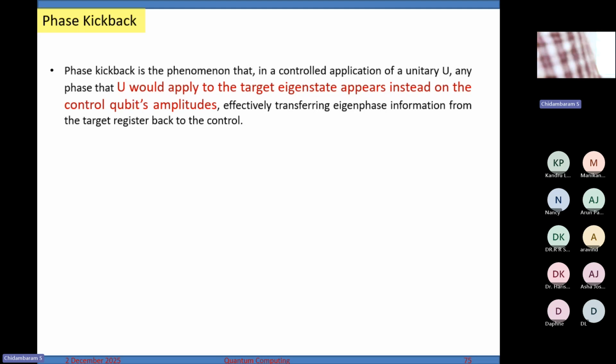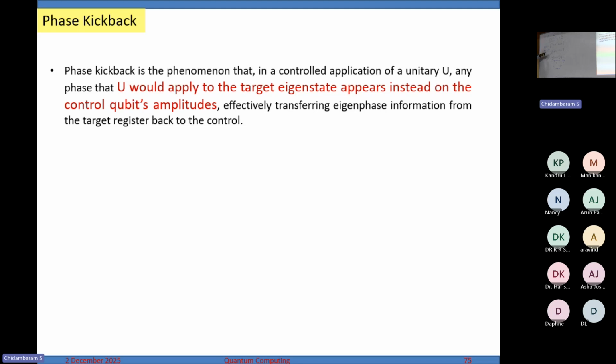The term itself is phase. When you are moving from plus to minus, what do you mean by that? You are rotating by 180 degrees. You are in the same base, but we are talking about the phase.